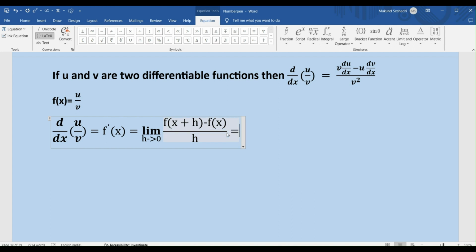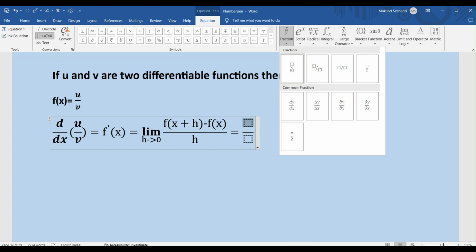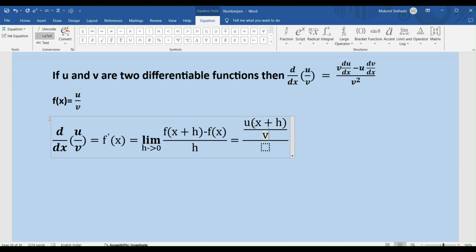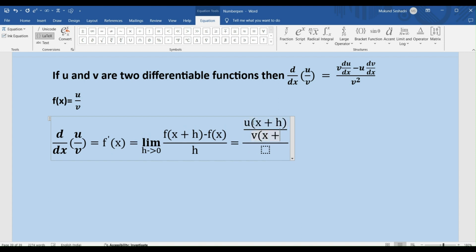My f of x is u by v. So my f of x plus h is going to be u of x plus h divided by v of x plus h, right? And then my f of x is nothing but u of x by v of x, right?